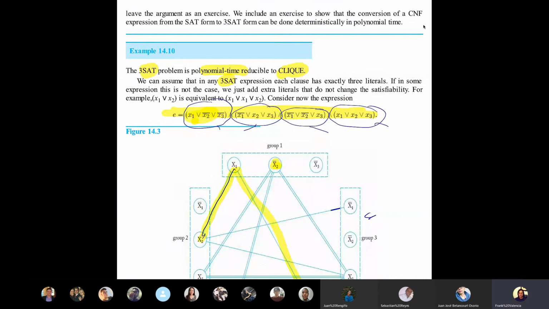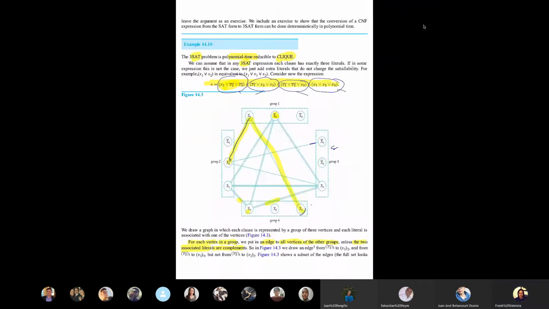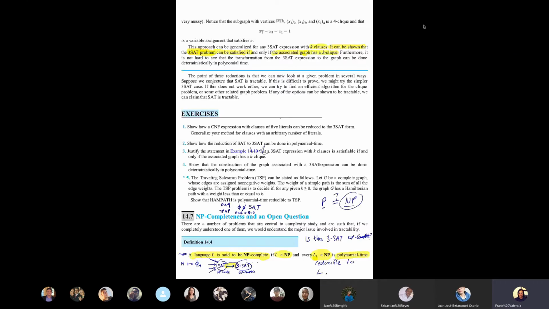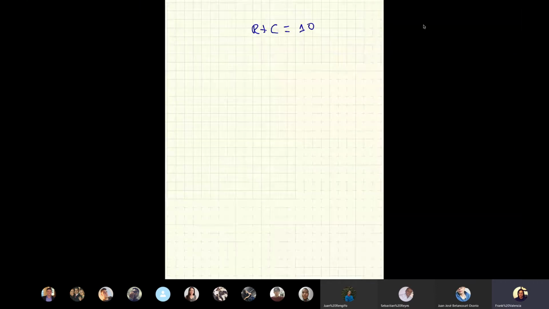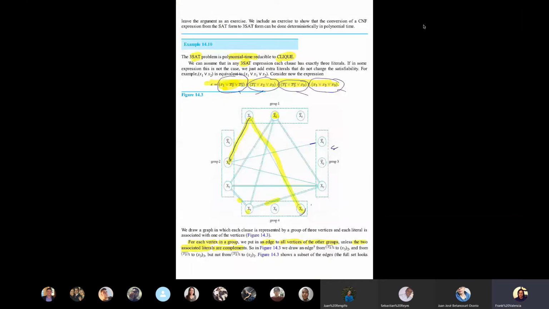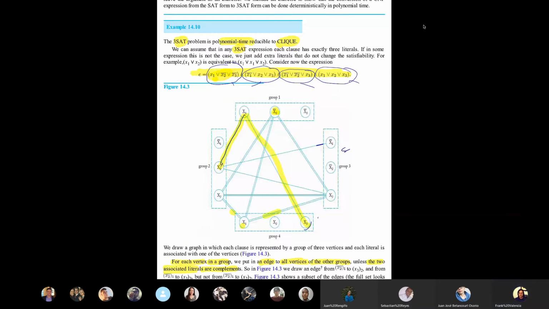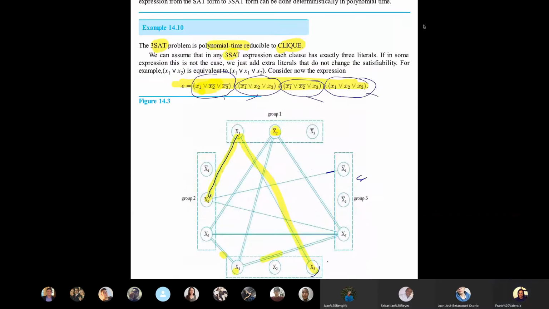Just another example of how to reduce. We already proved that SAT can be reduced to 3 SAT. And it turns out that 3 SAT can be reduced to clique in polynomial time.